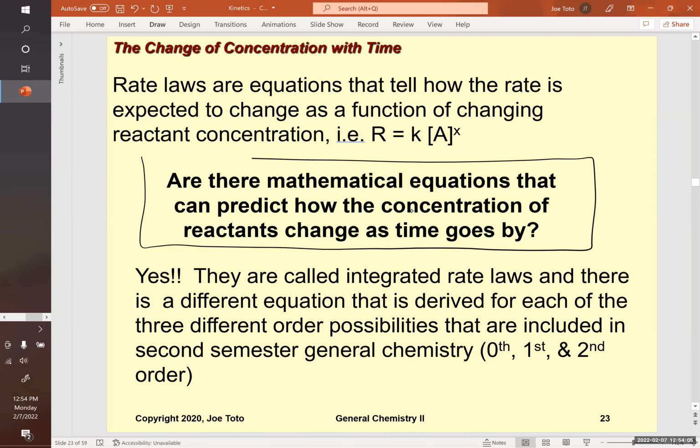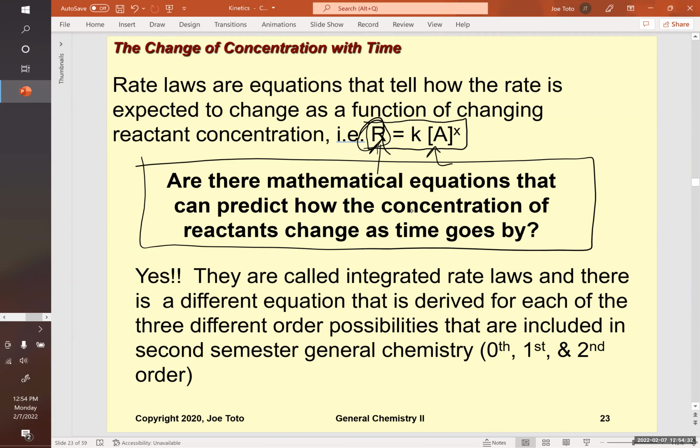Specifically, can we get some information on how the concentration, for example, changes in time? Because the rate law really only says something about the rate of a chemical reaction and how it changes with the changing of an initial concentration of some reactant.